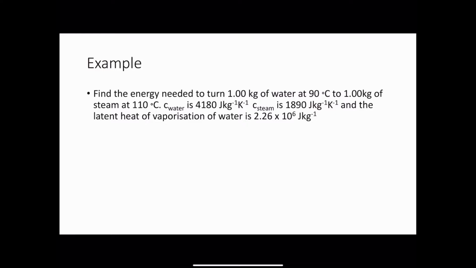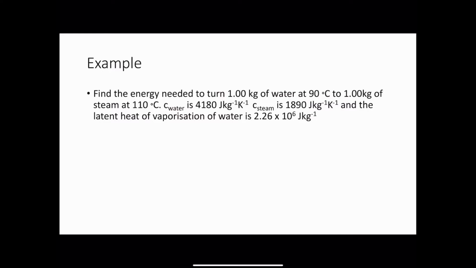Sorry, that's not the specific latent heat, that's the specific heat capacity. So the specific heat capacity of water is 4180 joules per kilogram per Kelvin, and the specific heat capacity of steam is 1,890 joules per kilogram per Kelvin. And the latent heat of vaporization of water is 2.26 times 10 to the 6 joules per kilogram.